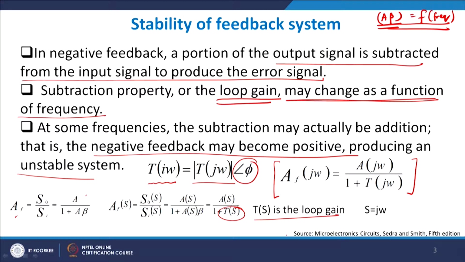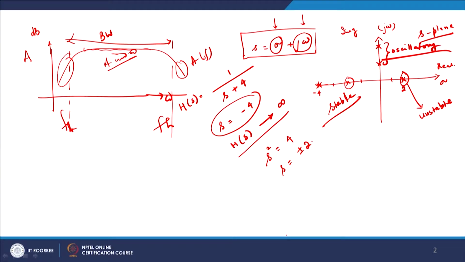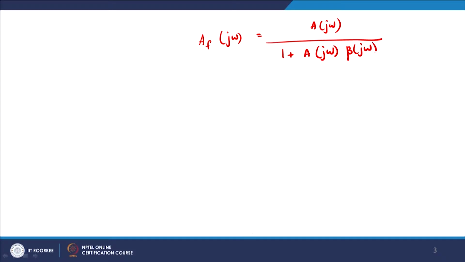Now, if you carefully get back to the whole discussion, what we can write down is that A_F of j omega will be equal to A of j omega divided by 1 plus A of j omega times beta of j omega.